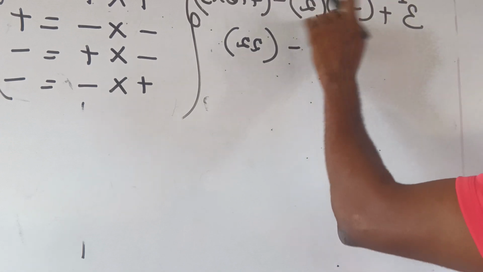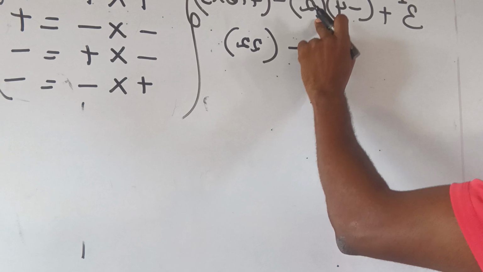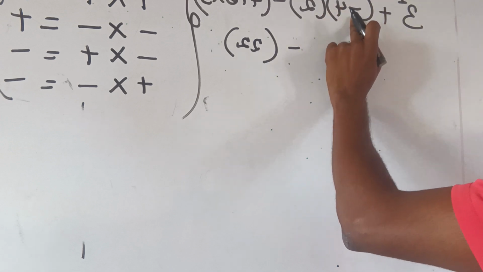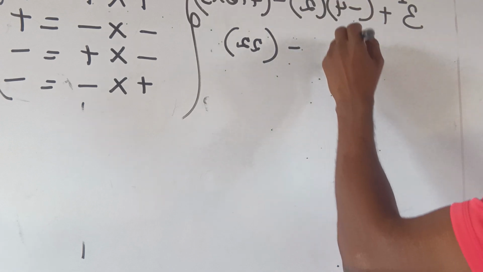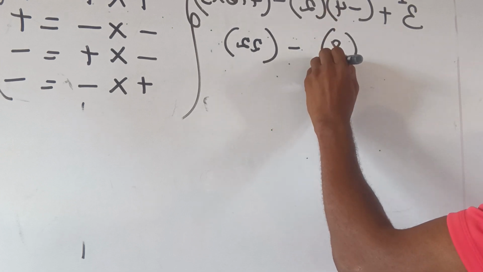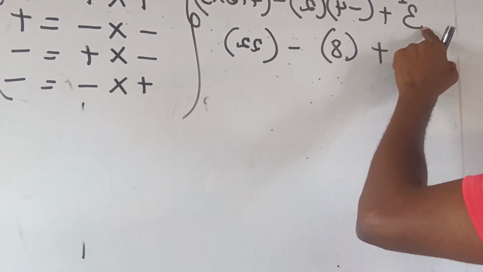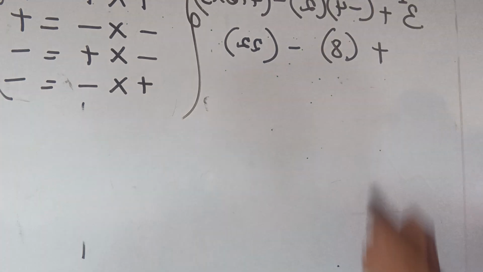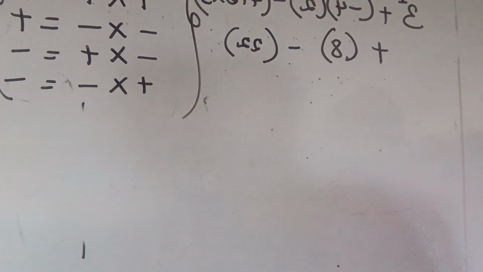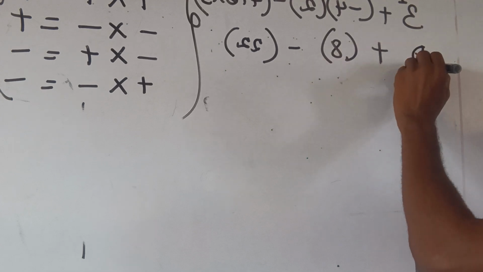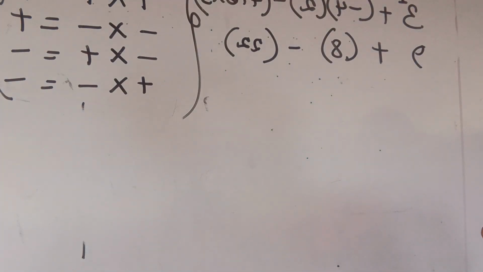It means you are multiplying the 2. Minus 4 times 2 is minus 8 in brackets. Then bring down your positive sign. 3 squared. What's 3 squared? 3 multiplied by 3. That's 9.